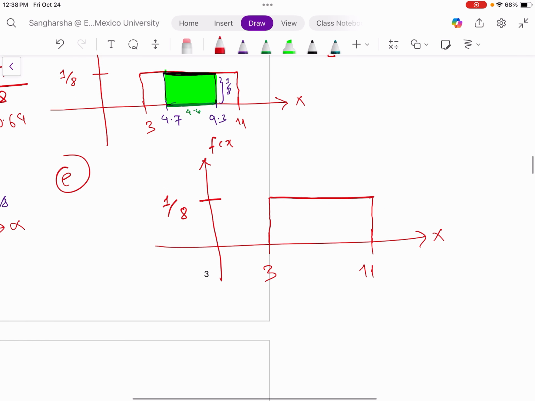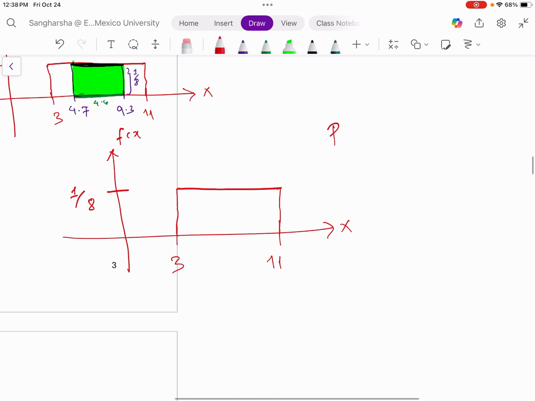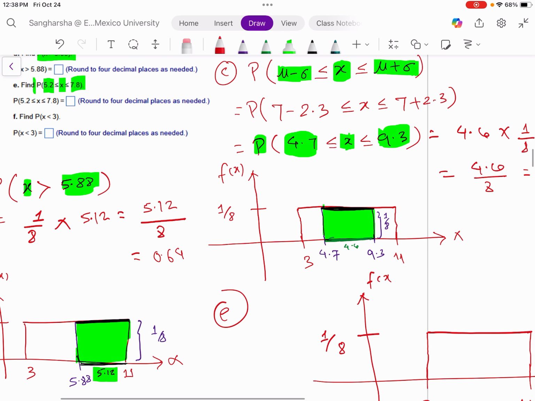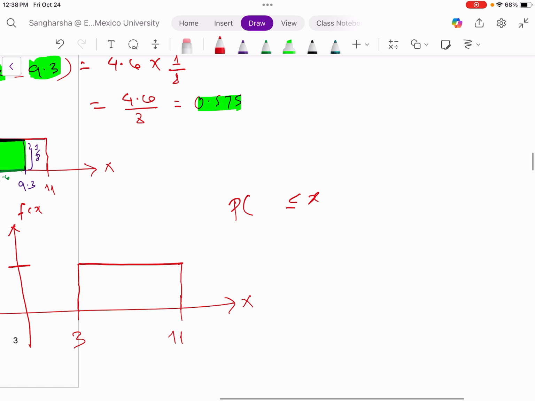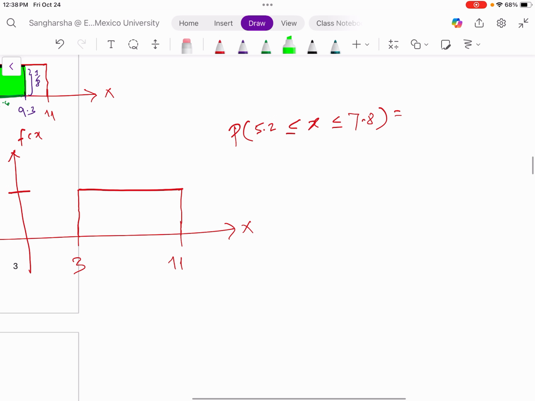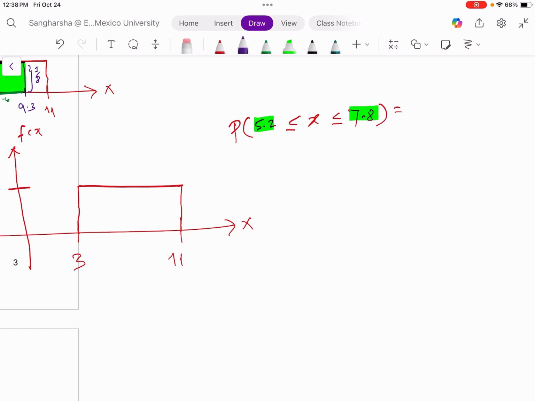We want to find the probability that our x is in between 5.2 and 7.8. So at first we locate these two numbers. 5.2 let's say it's here, 7.8 somewhere here.